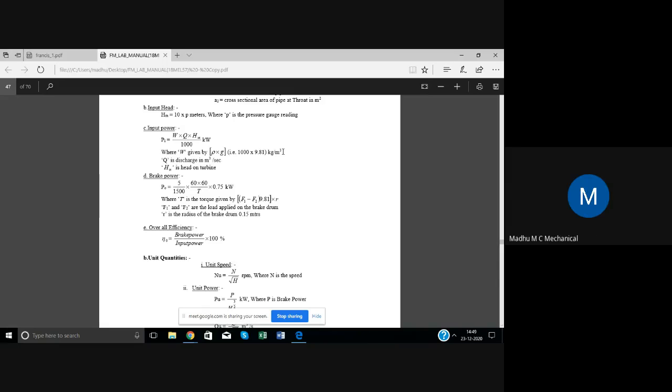Sir, for brake power, how do you get the F1 and F2? Yeah, that's what I'm telling. Don't think about F1 and F2. We are not using a dynamometer. Don't take anything. All this is not required. Just output power: put the time taken for 5 revolutions and you will get the output power in kilowatts. Don't take this one; this is for mechanical loading. Here you have electrical loading.